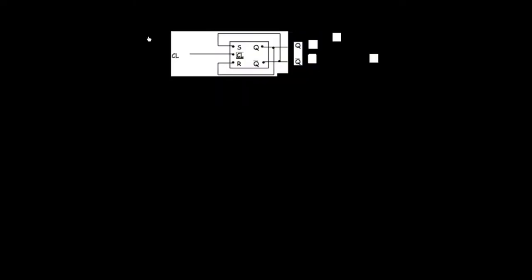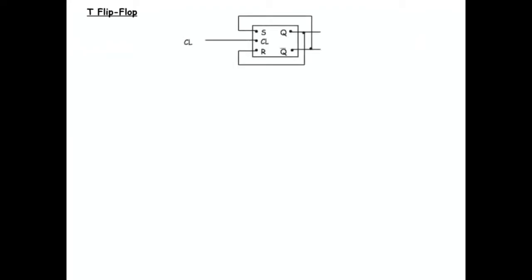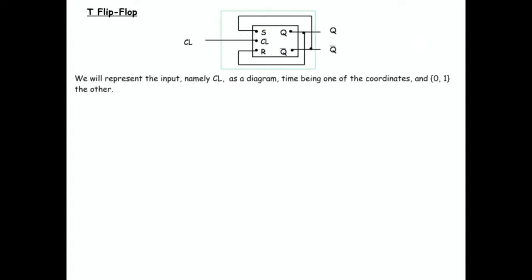So let's do this one step by step. So this is our T gate, T flip-flop.